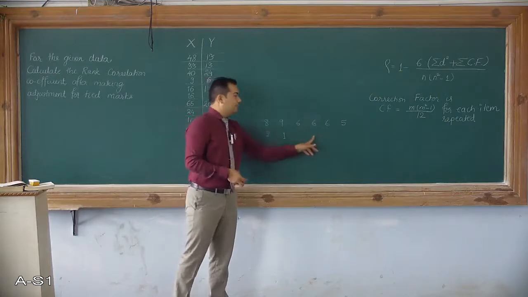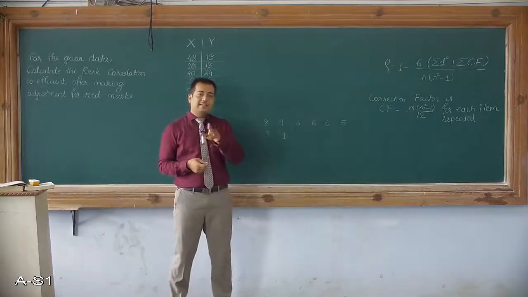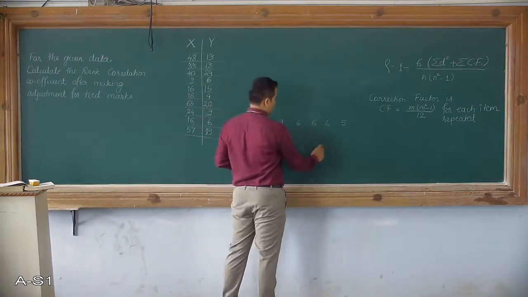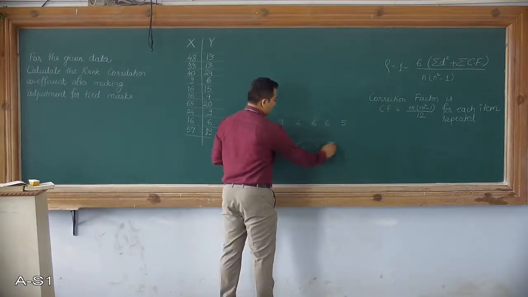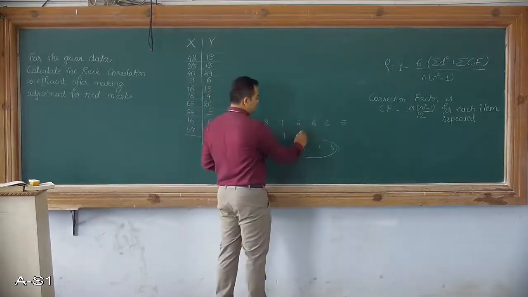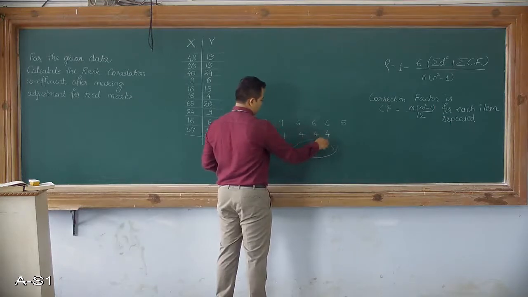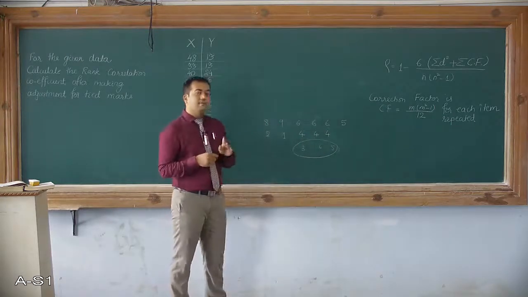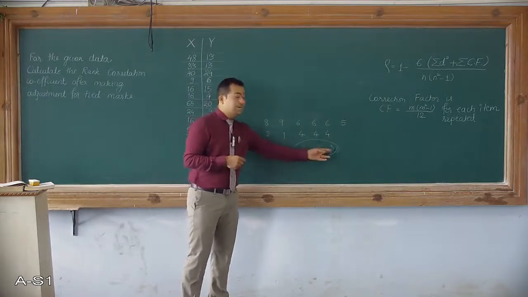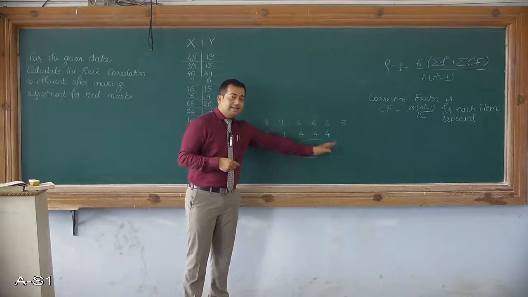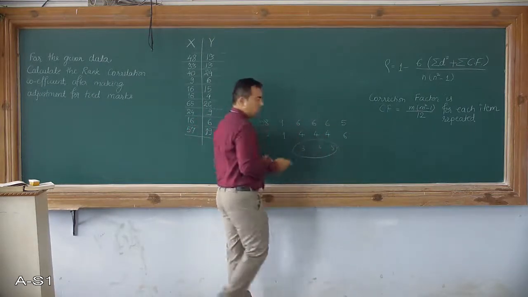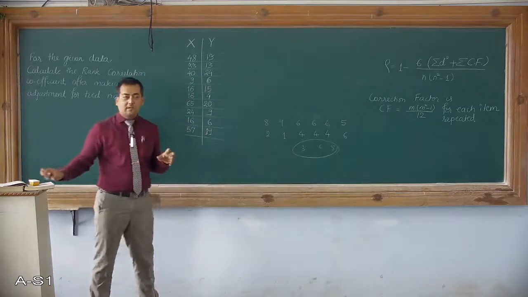Then these are the same numbers, so they take the next three ranks, which are 3, 4 and 5. The average of 3, 4, 5 is 3 plus 4 plus 5 divided by 3, and that average rank we give here. Now we have indirectly used all three ranks, so we proceed with the rank after 5, because 5 is already included in this average. The next rank, 6, would be given to this. This is how we have to give the ranks.